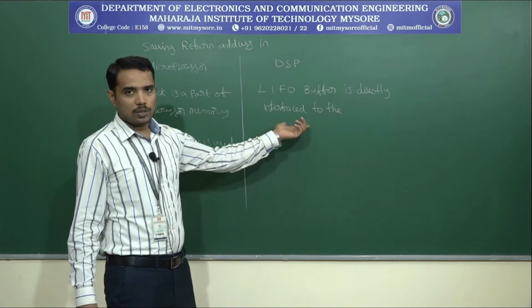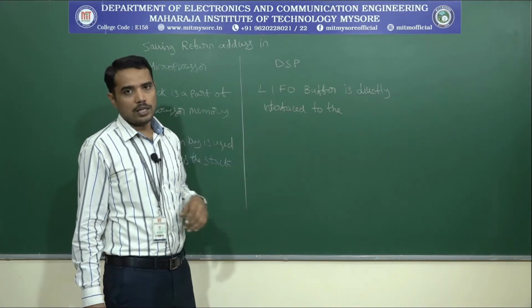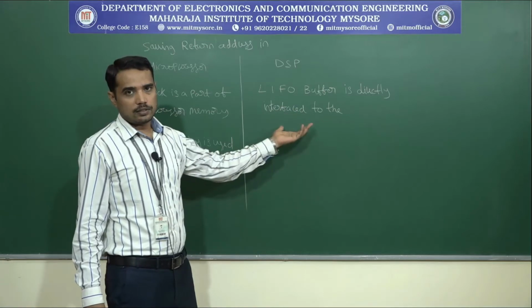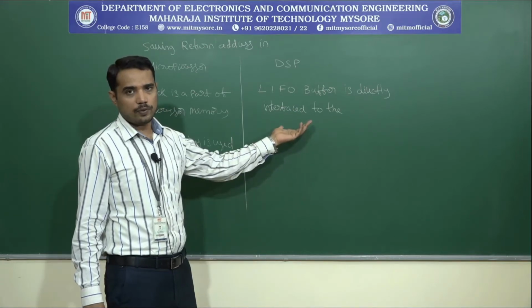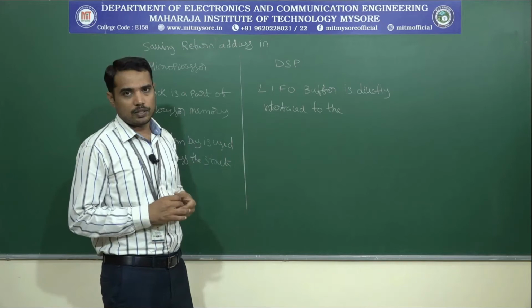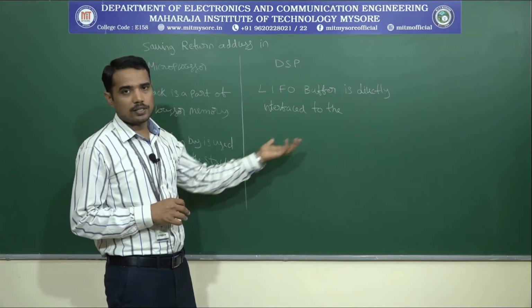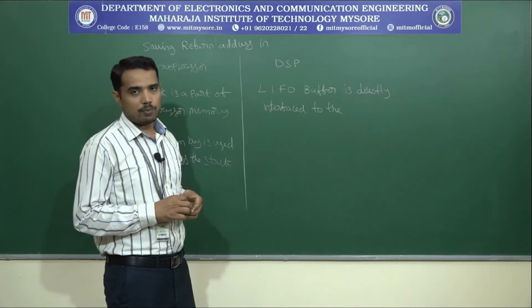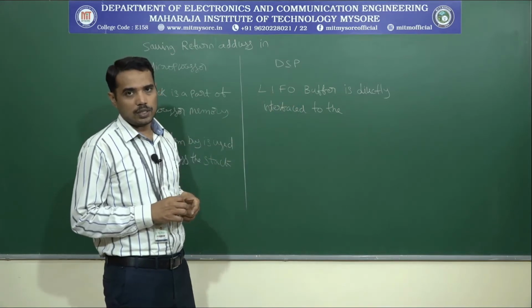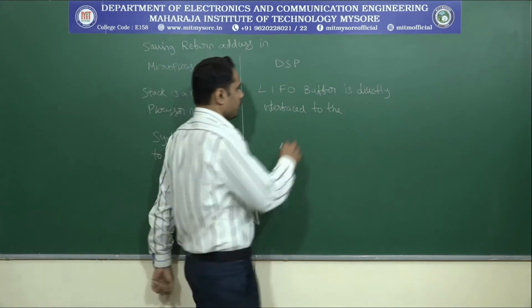Thereby, the program counter itself is going to save the return address, and in this case, there is no question of data movement between the memory and the data bus, thereby increasing the speed of the operation associated with subroutines.